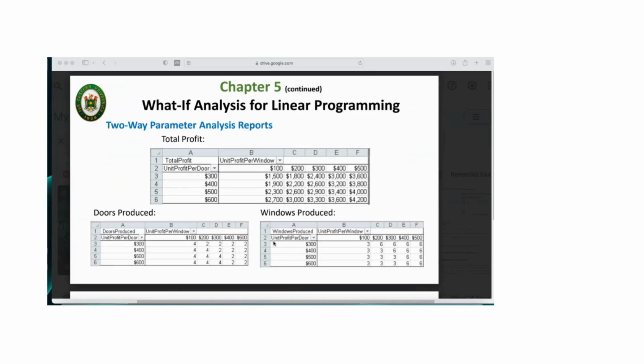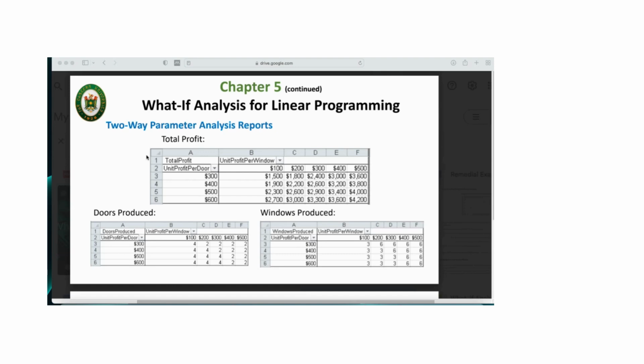The effect will be shown in the parameter analysis reports, but it's a two-way parameter analysis report. This is applicable when we change two parameters at the same time. That is simultaneously changing two parameters; you change the two parameters at the same time.